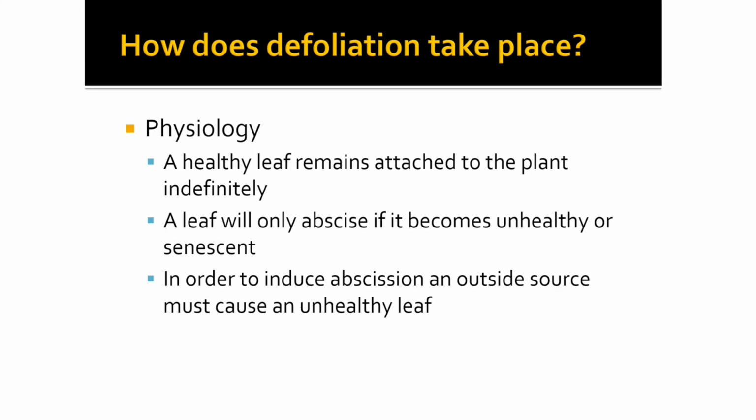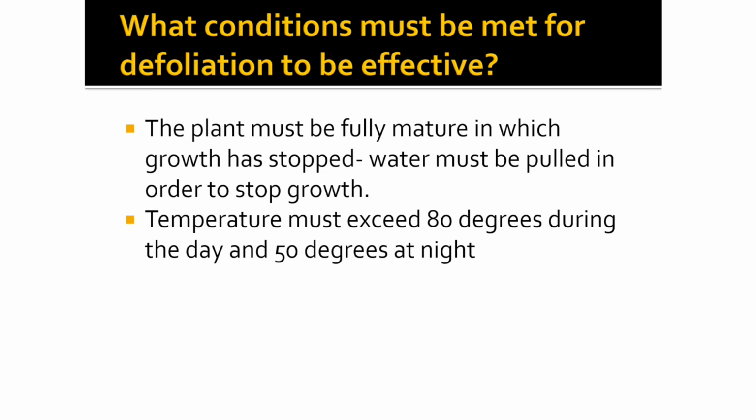So we want to be able to tell it to drop sooner. So you're kind of causing an unhealthy leaf by forcing it to drop. The plant must be fully mature to apply this product, and temperature must not exceed 80 degrees during the day or 50 degrees at night. So we're pretty much okay to do this during the fall.